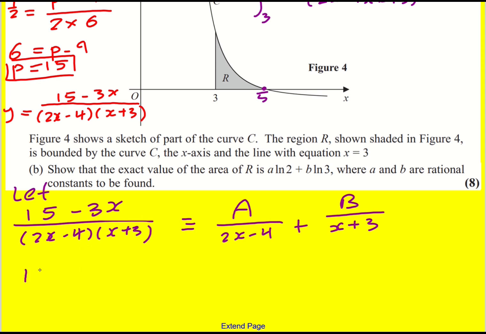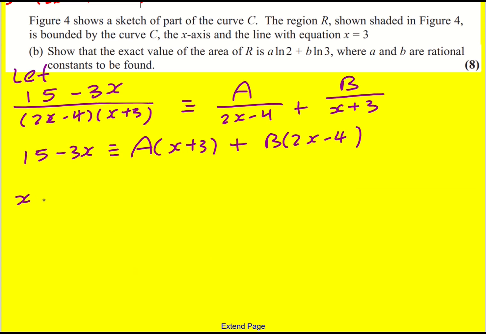Multiply through by this denominator, so 15 minus 3x is identical to a times x plus 3 plus b times 2x minus 4. Again, let's sub some values in. X equals minus 3. That's going to give me 15 minus minus 9, or 24, is going to equal b times minus 6 minus 4 is going to be minus 10, which means b is minus 2.4.